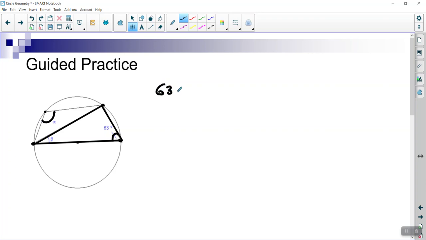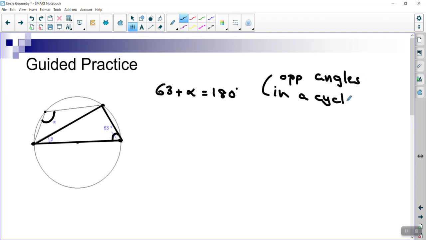That will give us 63 plus alpha equals 180 degrees, as they are opposite angles in a cyclic quadrilateral. Always mention the reason behind any angle fact or any of the numerical facts that you're stating.